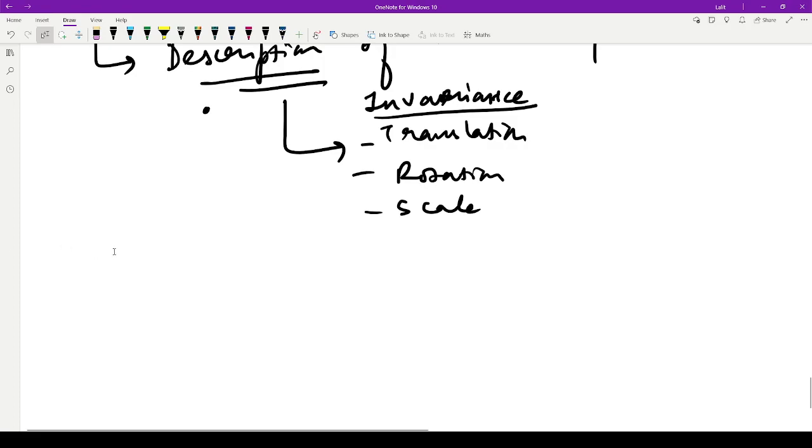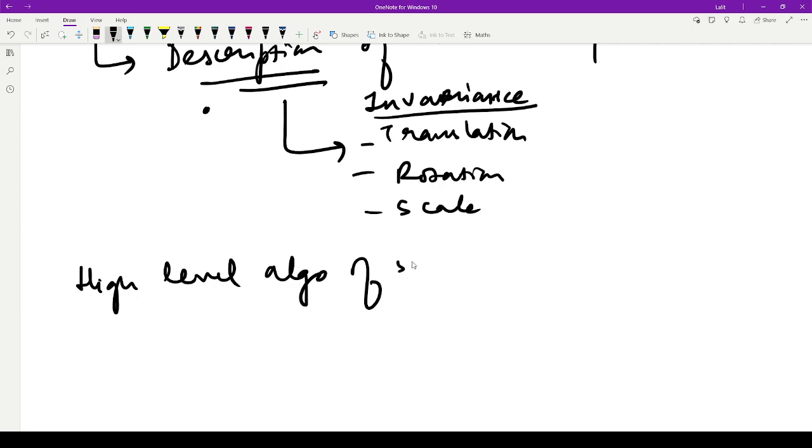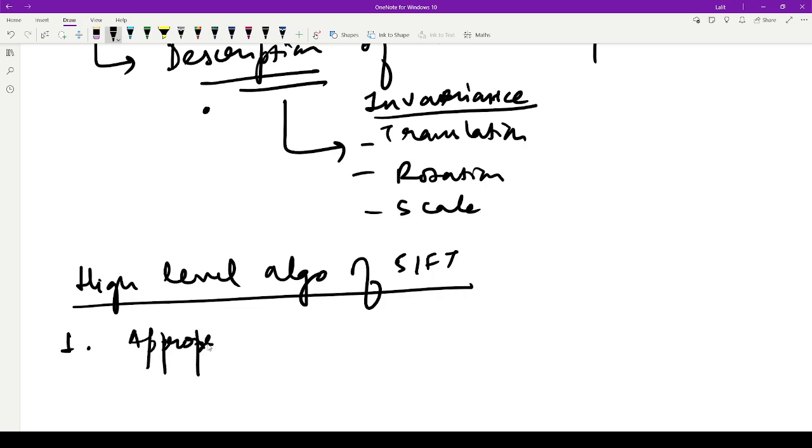So given this high level overview, it was given that there are four high level steps of SIFT. So what are the four steps out there? First you need to find the appropriate scale of detection.